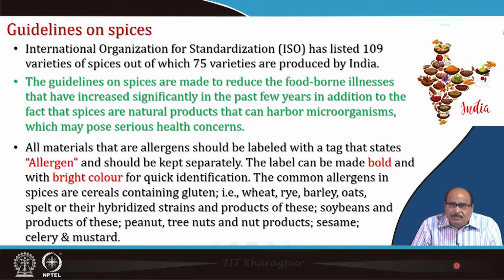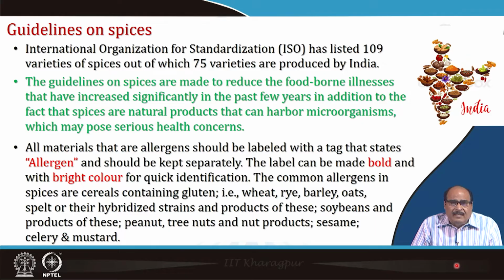The guidelines on spices are made mainly to reduce foodborne illnesses. Otherwise, these spices are considered to be highly prone to support various spoilage as well as pathogenic microorganisms. Although many of the spices do contain antibacterial agents, still molds, etc., can grow.